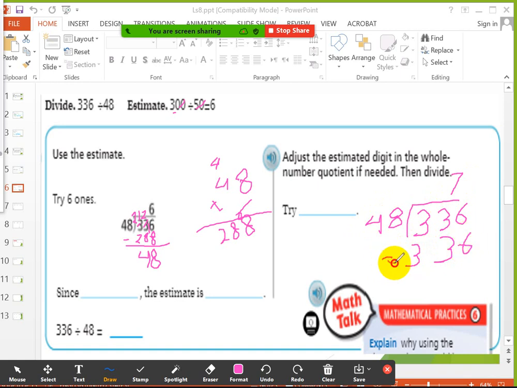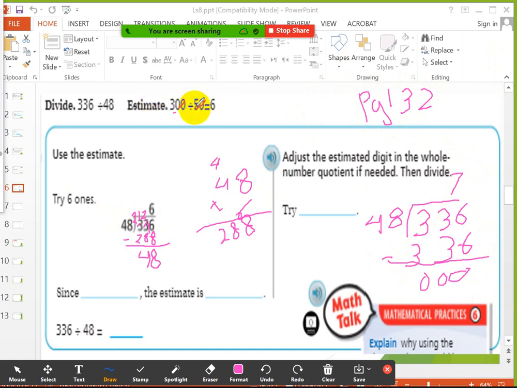And the remainder will be 0. So the answer for this division is 7, not 6.